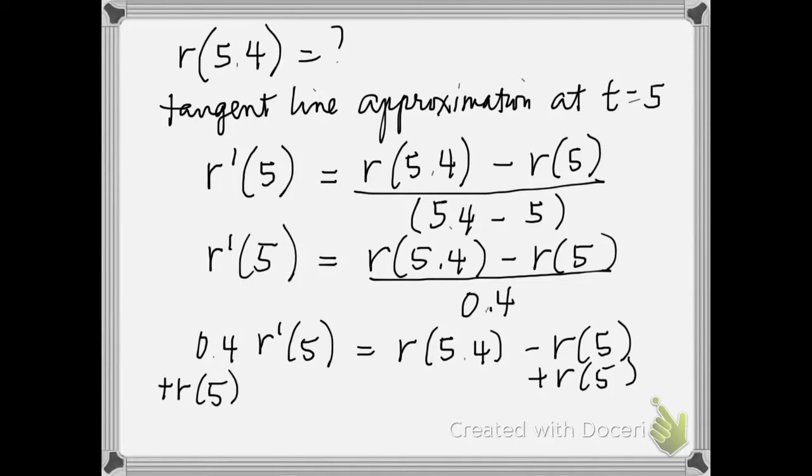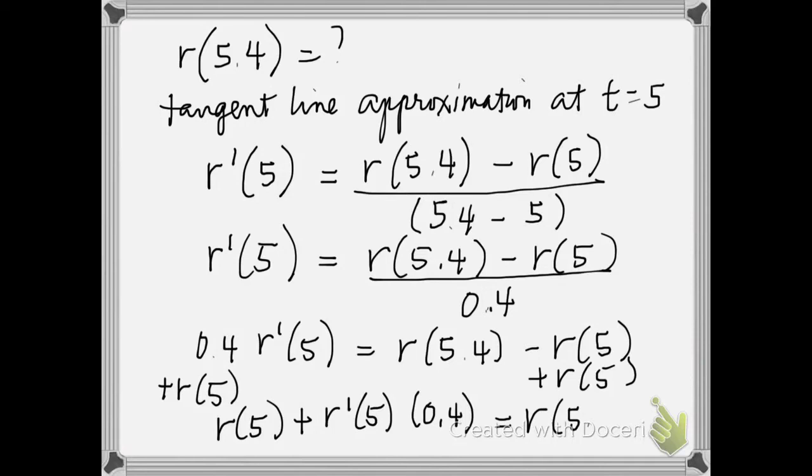And so we come up with r of 5 plus r prime of 5 times 0.4, or 0.4 times r prime of 5, it's going to be the same thing, equals r of 5.4. Now if you look back to the scoring guidelines, that is actually how they wrote it, but they did not tell us how they got to that equation, right?